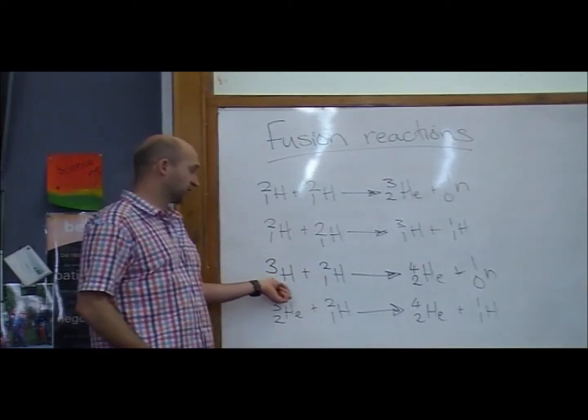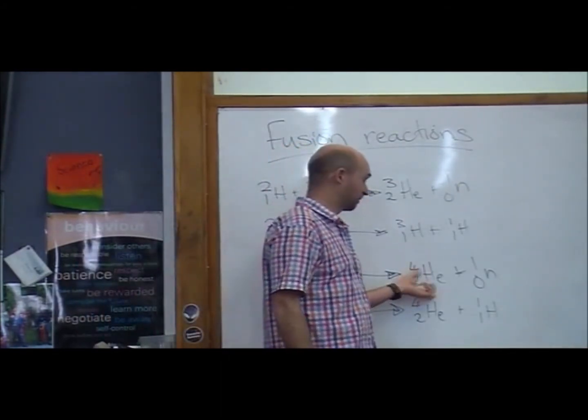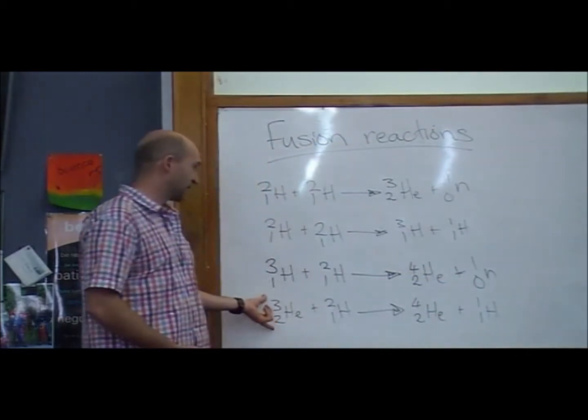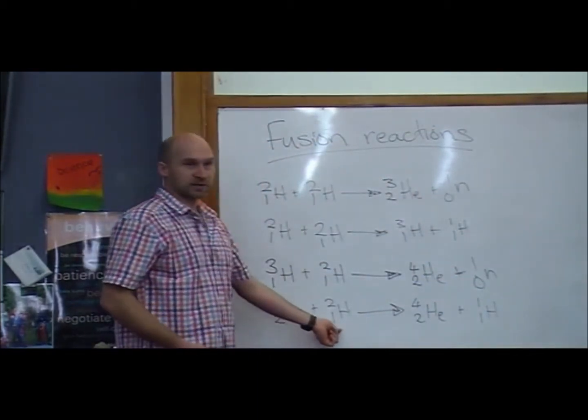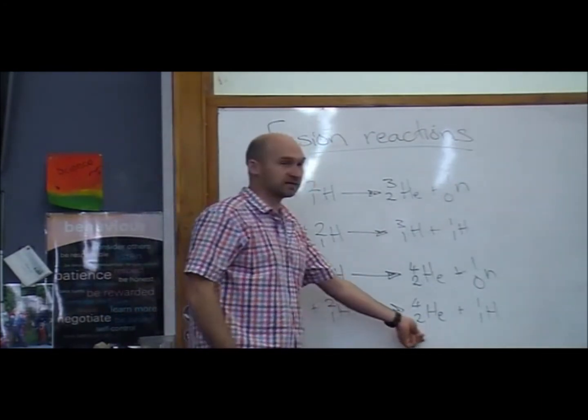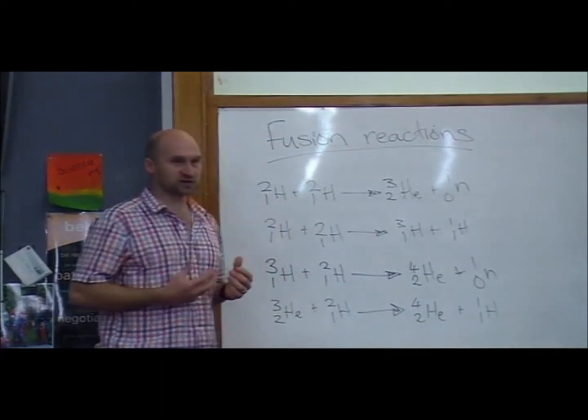And so tritium plus deuterium makes normal helium-4 and a spare neutron, or that helium-3 that we produced up here might collide with the deuterium to produce helium-4 and a spare hydrogen. So those are the cycles that are occurring.